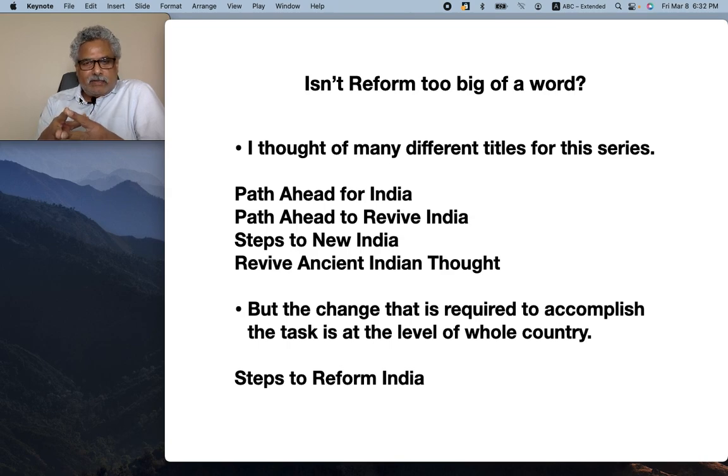Yes, it is, but I thought of many different titles for naming this series, like Path Ahead for India, Path Ahead to Revive India, Steps to New India, Revive Ancient Indian Thought. But the change that is required to accomplish the task is at the level of the whole country.